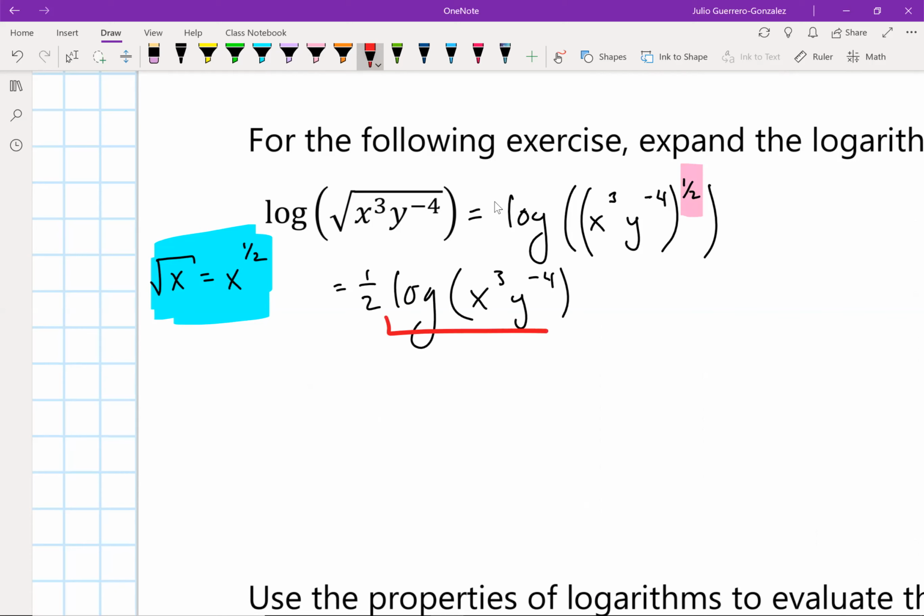And now this becomes easy peasy. Then you just expand it. So the hard trick was this: what to do with that 1/2? Got it? Yeah. Okay.